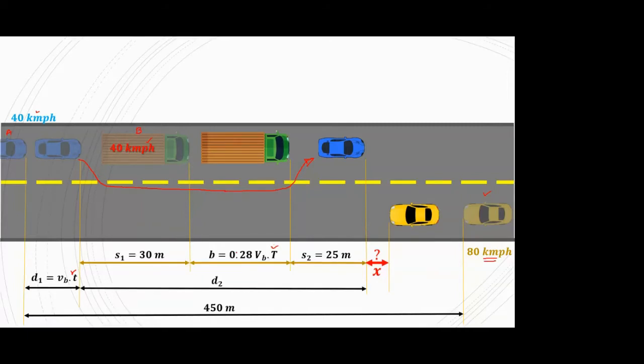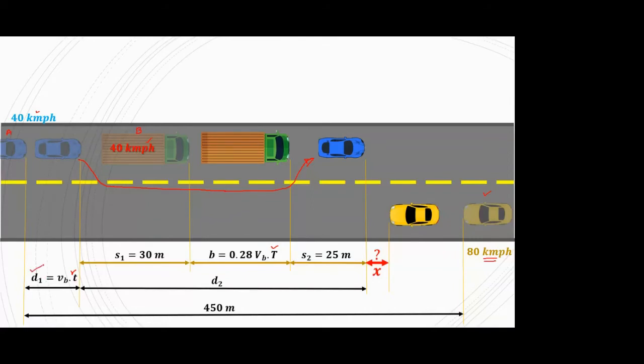And then once we know this b value, we can simply add up S1, S2 and b, and then we'll find out d2. D1 we will be able to find out because we know VB, that's the speed of the overtaken vehicle or slow moving vehicle. We know the reaction time T because they have given in the question itself that the hesitation period is 2 seconds.